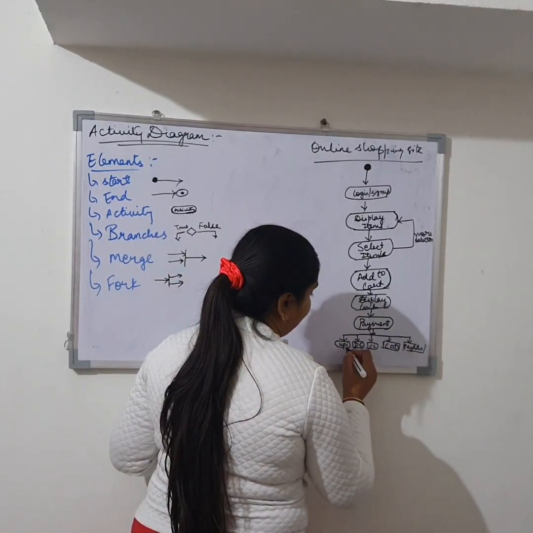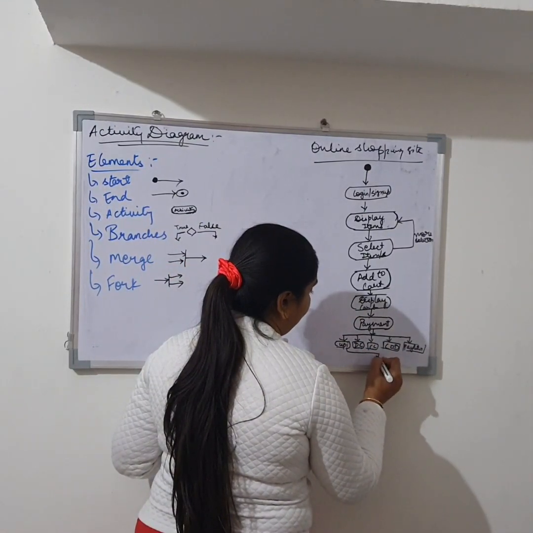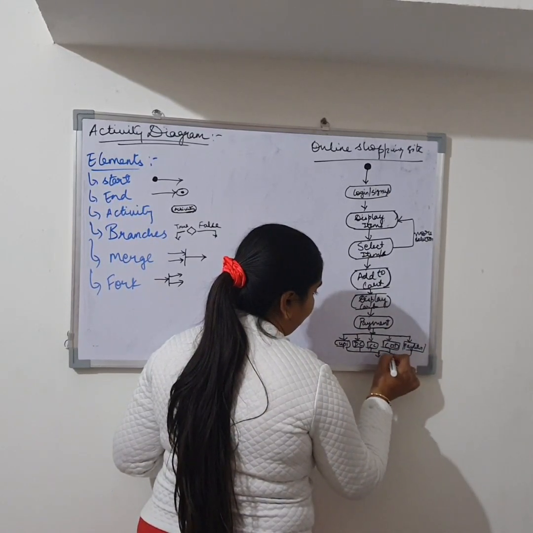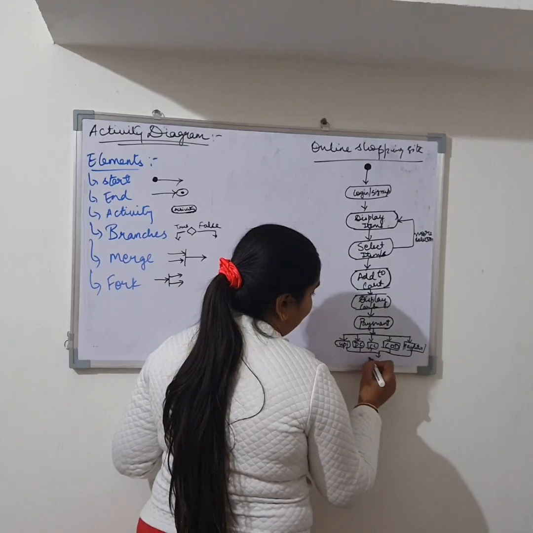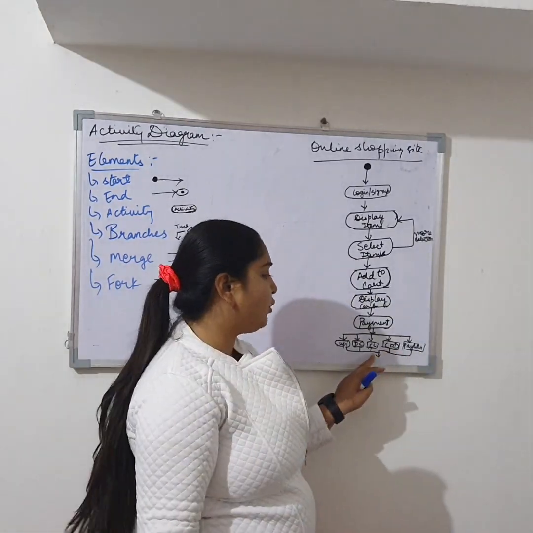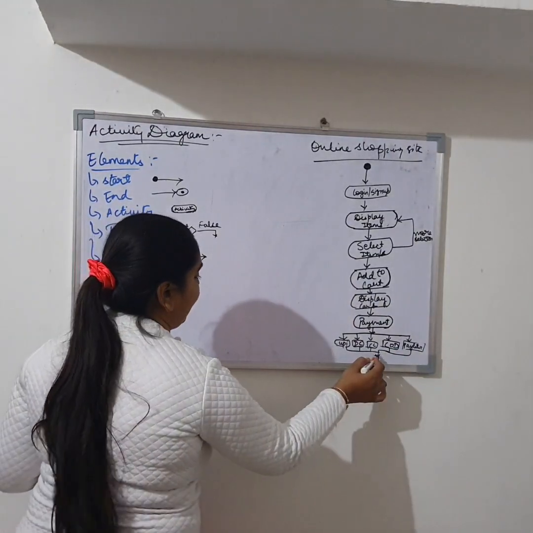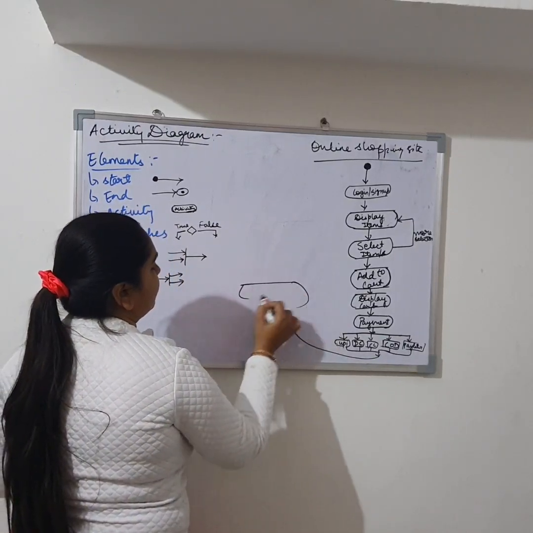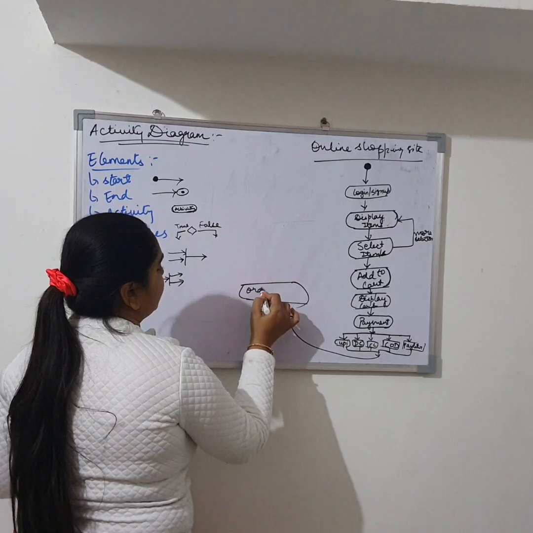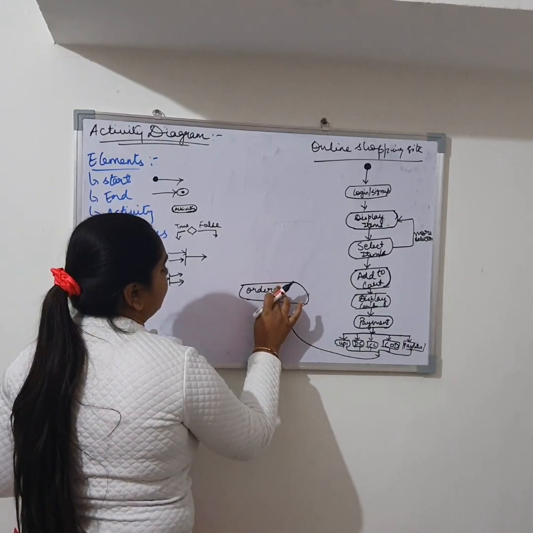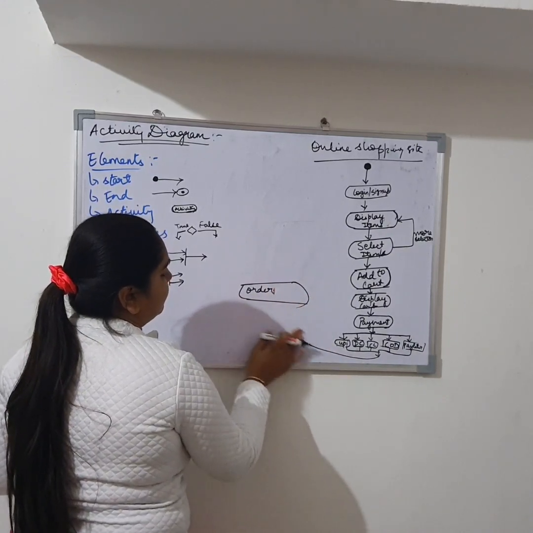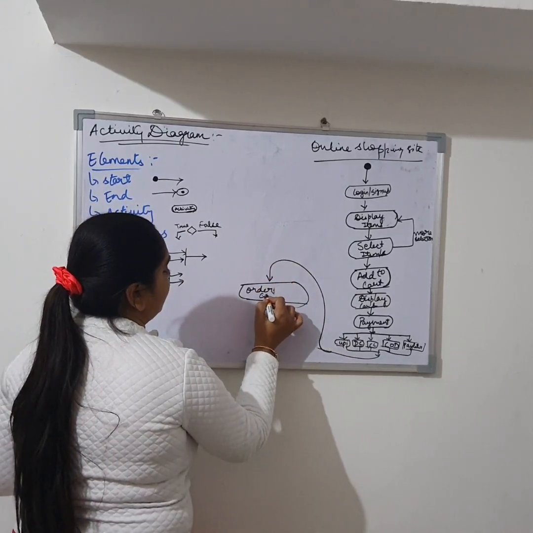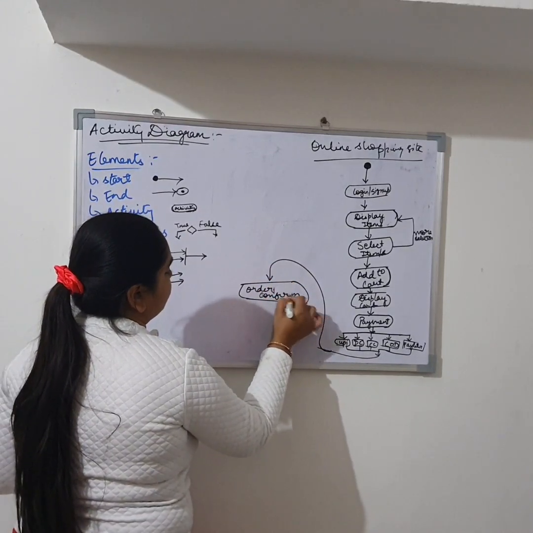When I get, then everything gets merged, and here it won't be visible, so here I am writing this, that is order confirm.